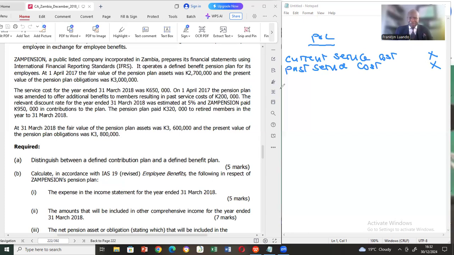Then we have the curtailment gain or loss.